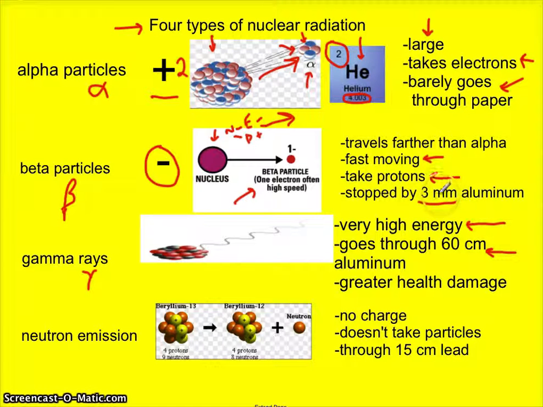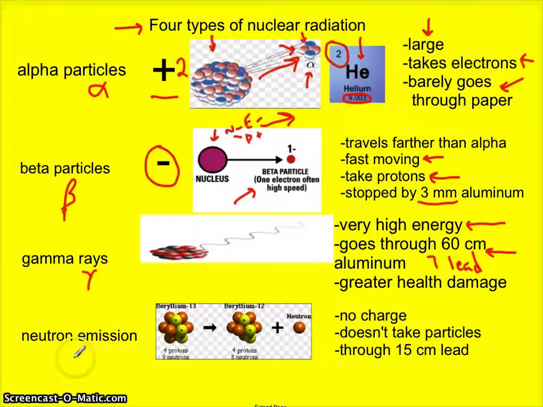Now, we're not talking millimeters like we were with beta particles. We're talking centimeters. So that's 600 millimeters of aluminum. So they're like 200 times more high energy than beta particles are. Now, I have in my notes that they can also go through 7 centimeters of lead. I'll put that here because it'll have to do with what's coming below. And of course, they do cause greater health damage than alpha and beta particles.